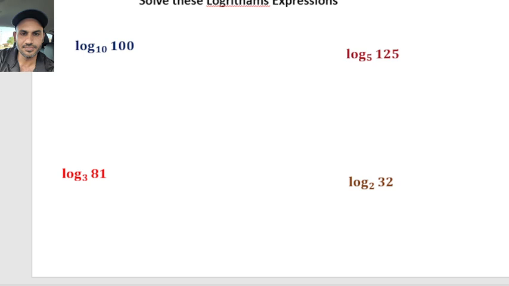So for example, this expression says you're taking the log of 100 with base 10. That means you're raising 10 to some unknown exponent that gets you 100.